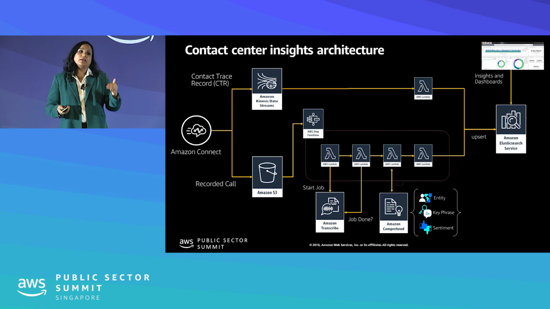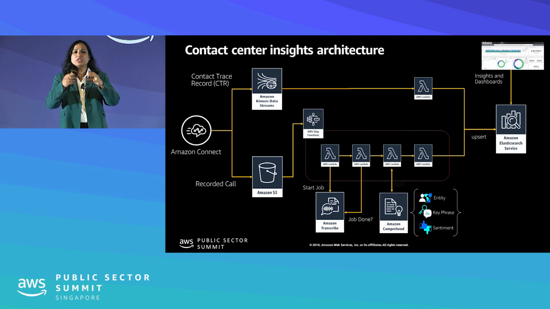These findings can be piped to Elasticsearch, where you could do more analytics, and finally you could have it with your on-prem information or Kinesis data streams, and finally you could have some insights and dashboards built.